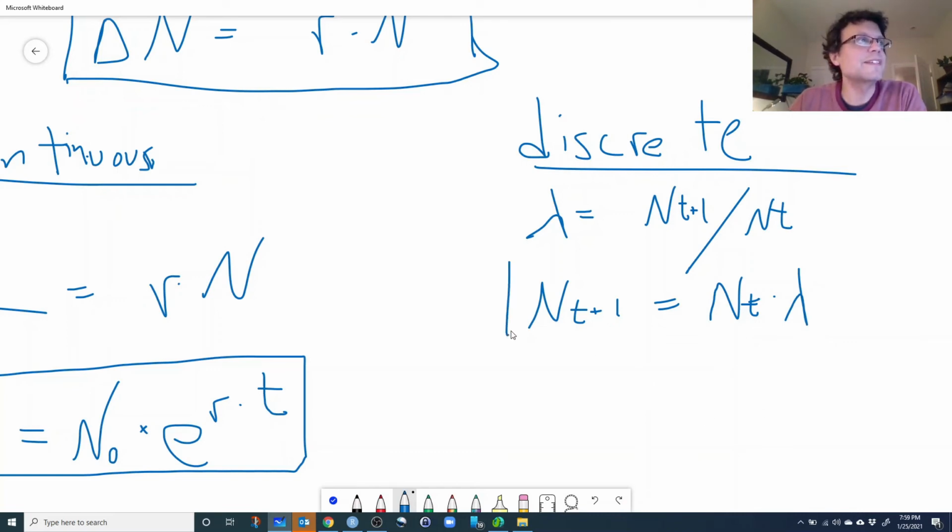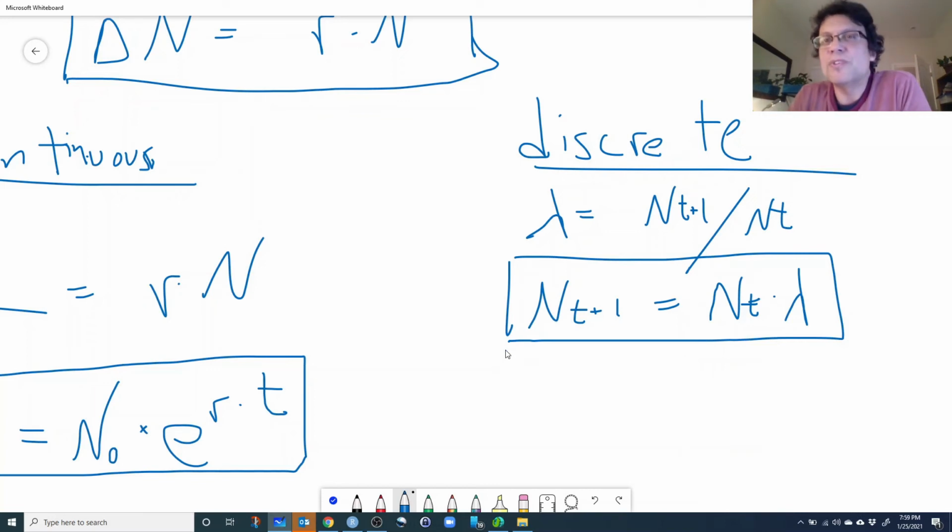So this is a pretty fundamental equation that you definitely should commit to memory, all right? The population at time t plus 1 is equal to the population at time t times lambda, lambda being the finite rate of population growth.